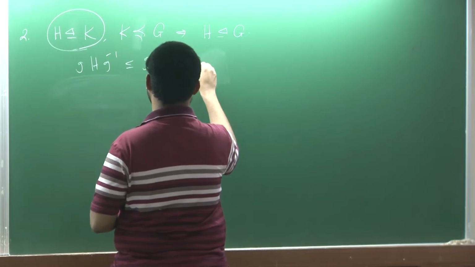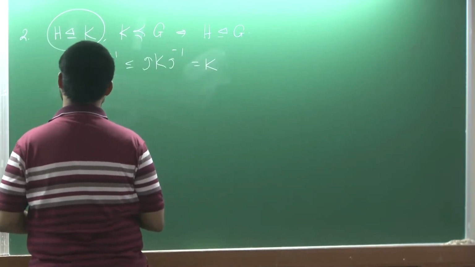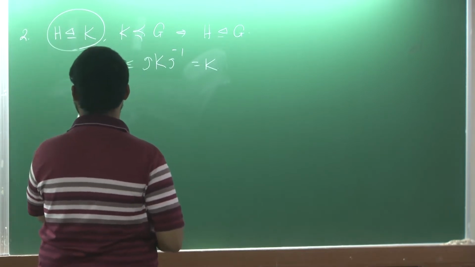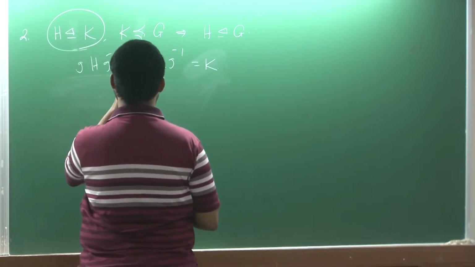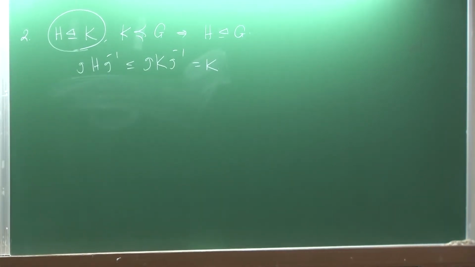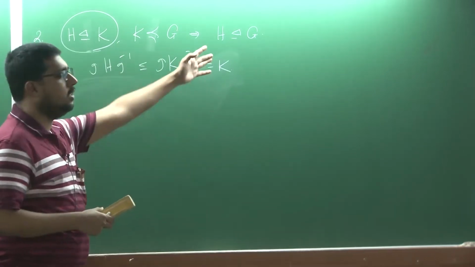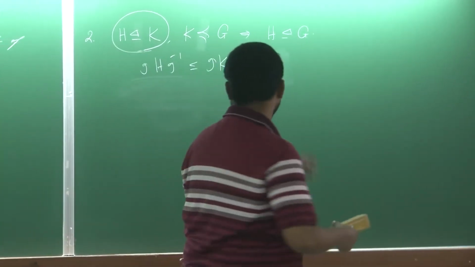So then this is this, and so a normal subgroup of a characteristic subgroup is normal. I think now this is fine. Anyway, the point was that just saying H is normal in K and K is normal in G implies H is normal in G, that is not true.